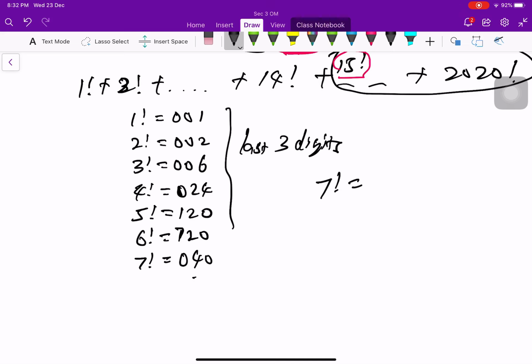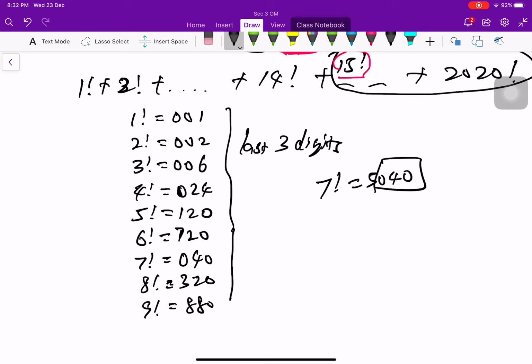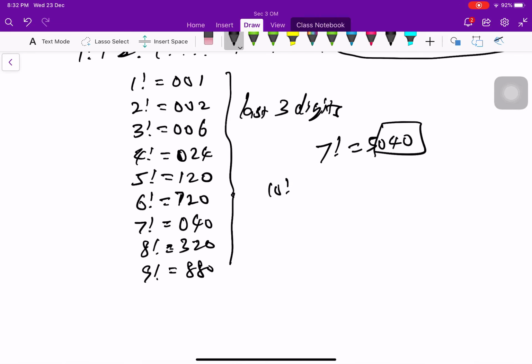Therefore, the last 3 digits are 040. Then after that, 8 factorial, the last 3 digits are 320. 9 factorial, you basically get 880. Then after that, 10 factorial, you actually get 800.